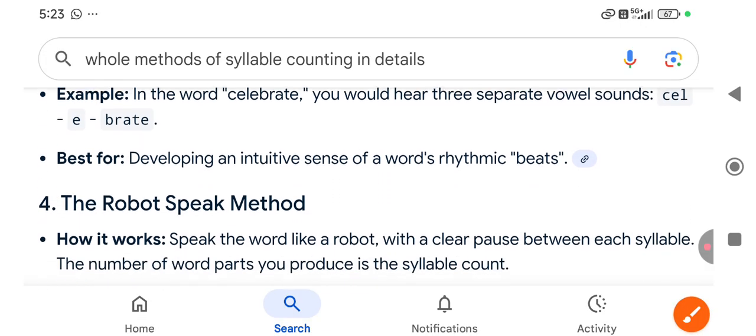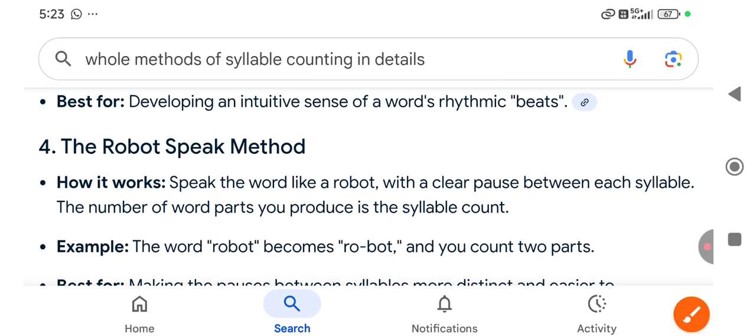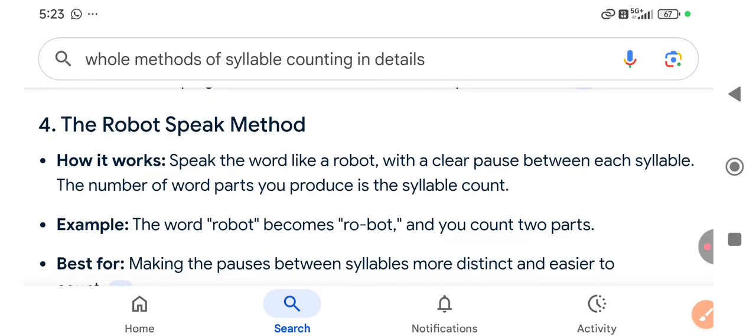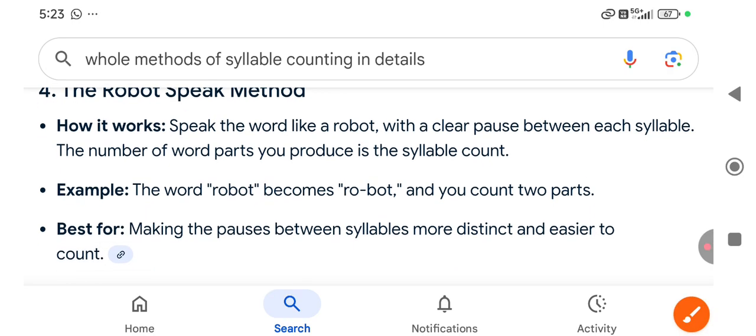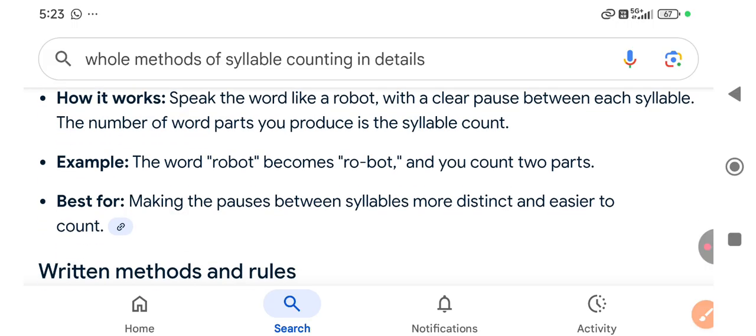Okay, now the next method is the robot speaking method. Robot speak method means you just imagine that a machine is speaking. How does it work? Speak the word like a robot with a clear pause between each syllable. The number of word parts you produce is the syllable count, right?